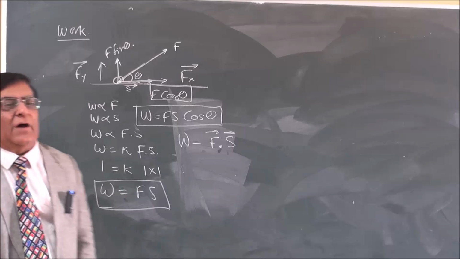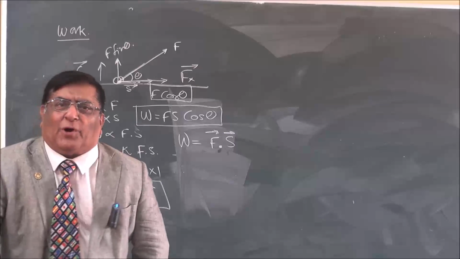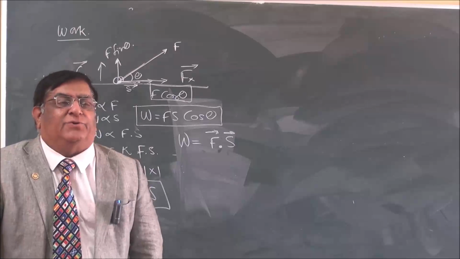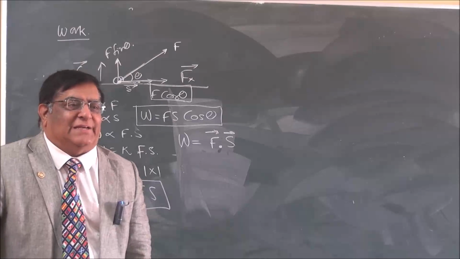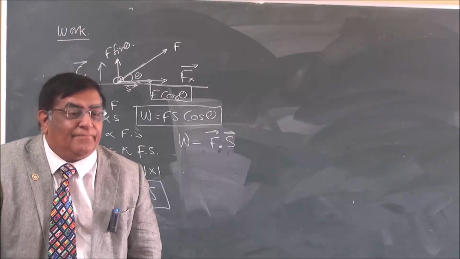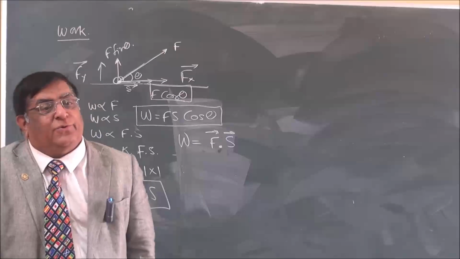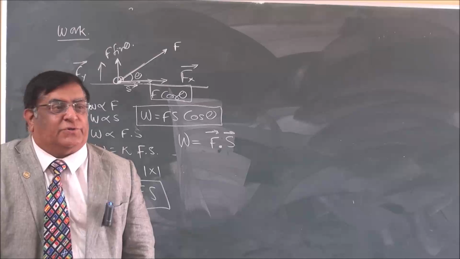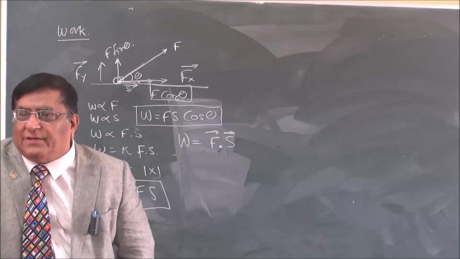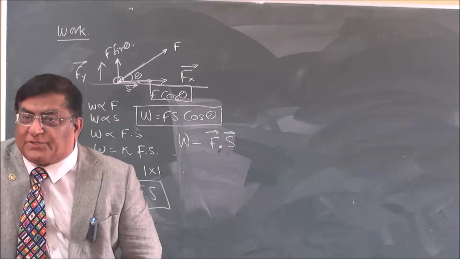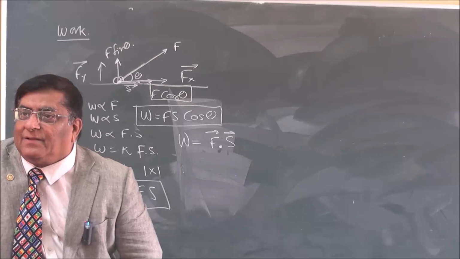Okay. Now another thing, can there be two agencies doing work on a body simultaneously? Both are doing work on one body, two forces. Is it possible or is it not possible? Possible? Give an example.